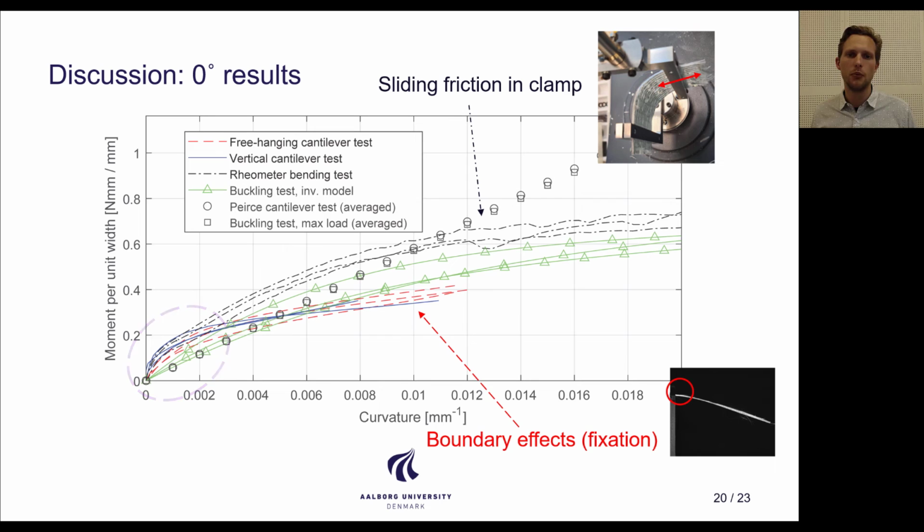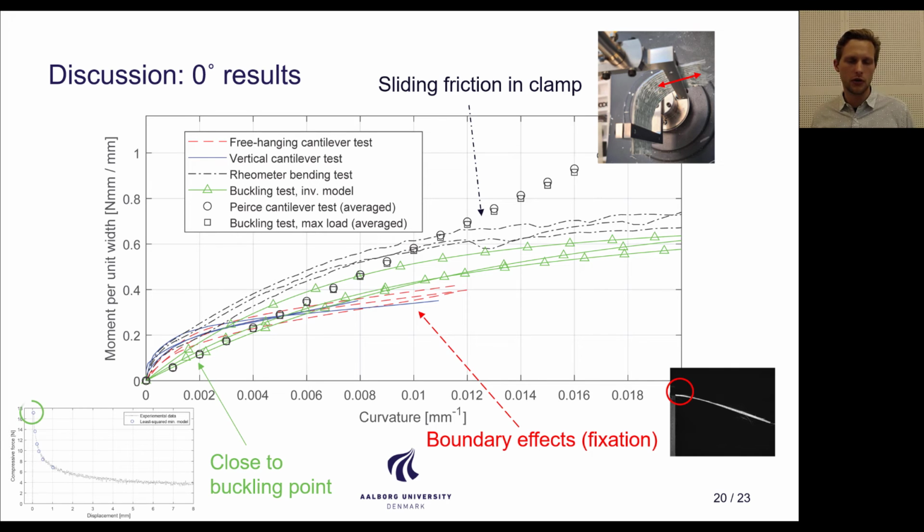Now, the buckling test from the inverse modeling framework, well, the agreement wasn't very good at low curvatures, and at higher curvatures it was somewhere in between. And actually the higher curvatures is where this test has its highest region of fidelity, because the low curvatures occur close to the buckling point. And let's face it, it's not a very good Euler column.